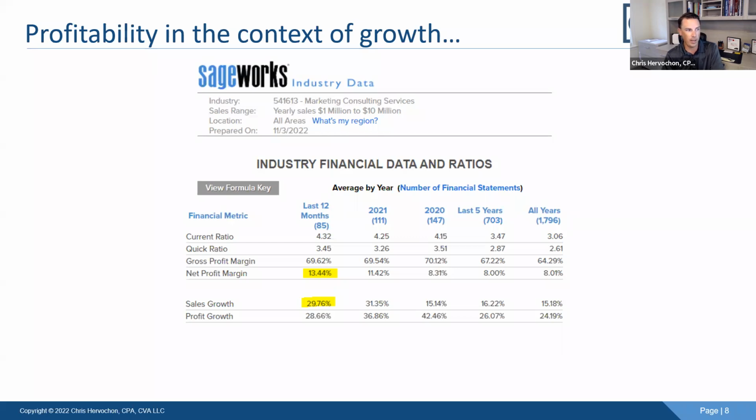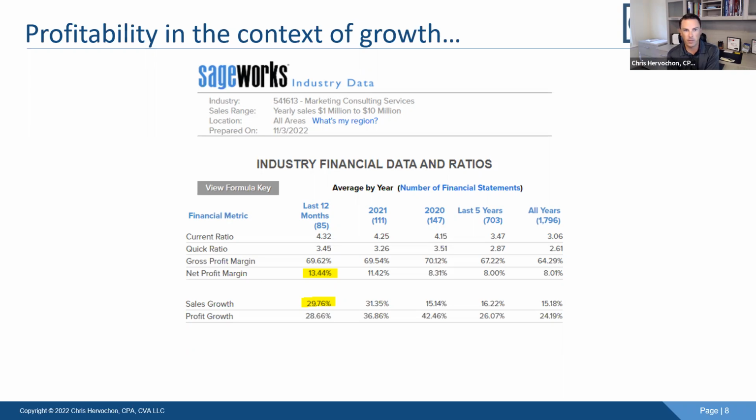If you're looking at that table, the number there in the blue parentheses is how many different companies make up that data subset. So if we're looking at the left-hand column, last 12 months of data, there are 85 different companies that identify as marketing consulting services. So basically agencies that fall into that data set. The 2 highlighted numbers there are really what I want to draw your attention to.